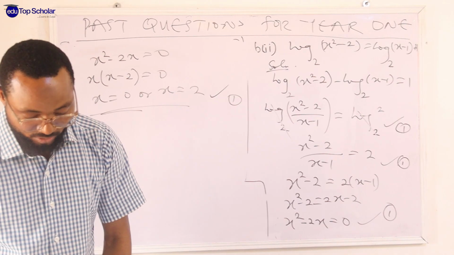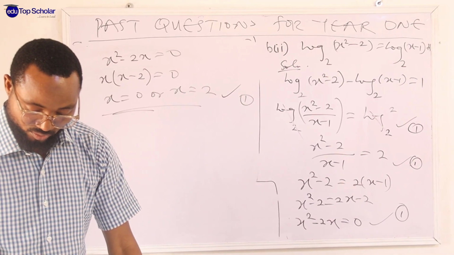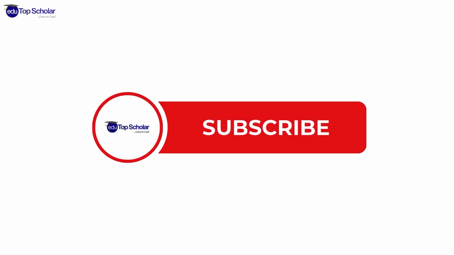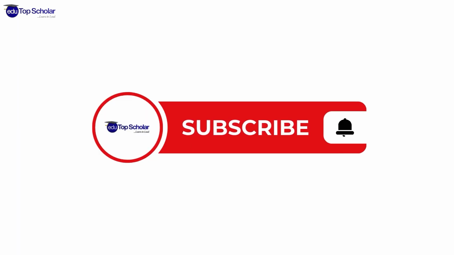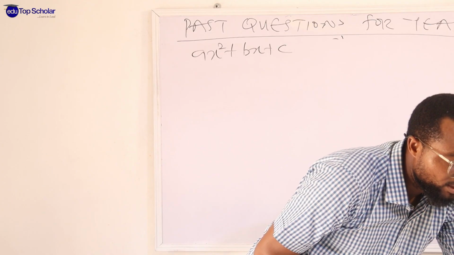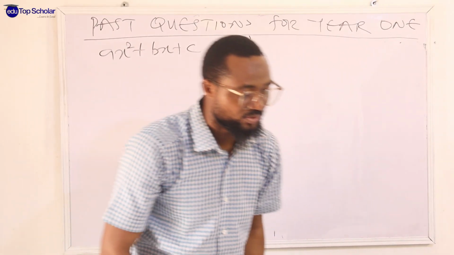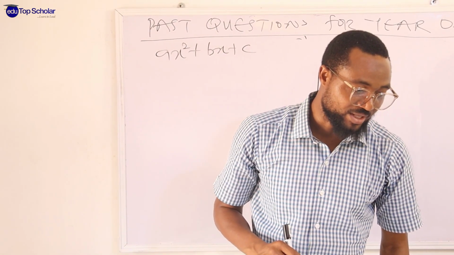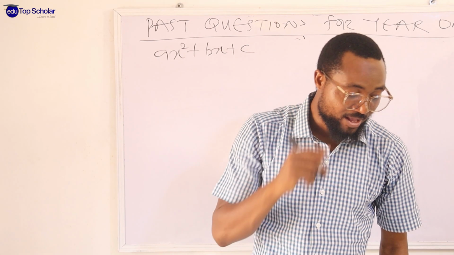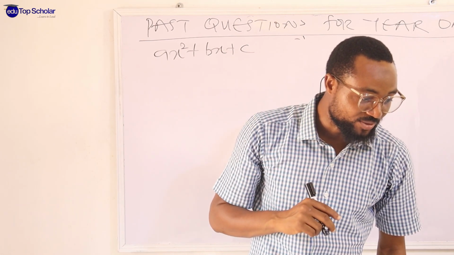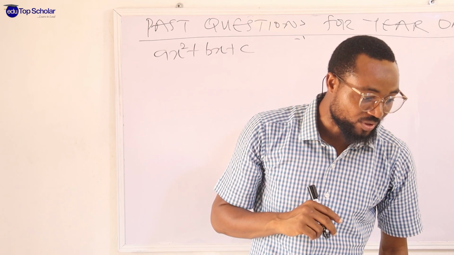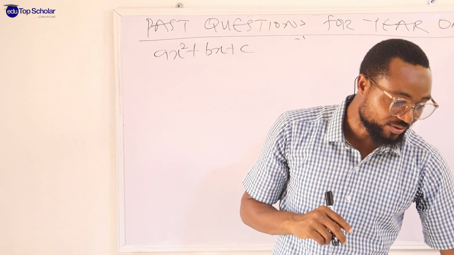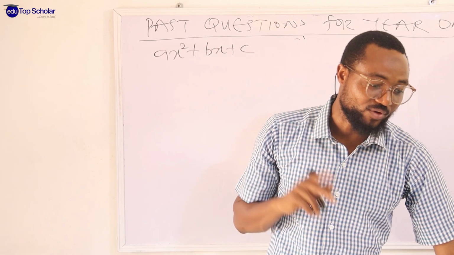For question 2 here, this one is testing quadratic. Okay, the question says, given ax squared plus bx plus c equals 0, which is a general form of quadratic equation, show that the roots are x equals minus b plus root b squared minus 4ac over 2a, or x equals minus b minus root b squared minus 4ac over 2a.